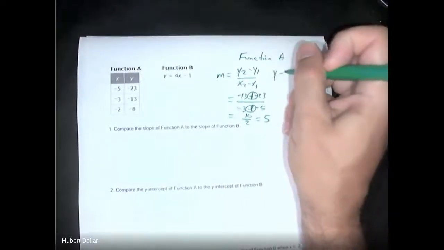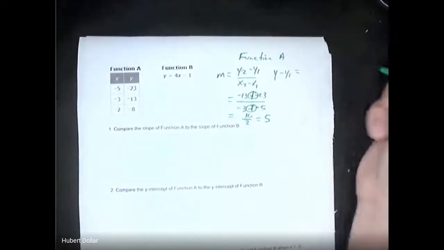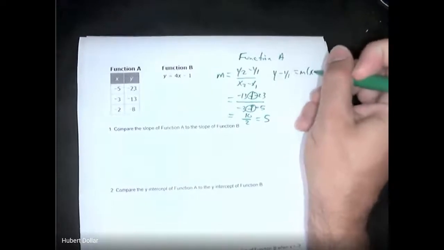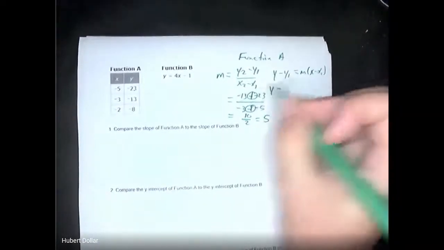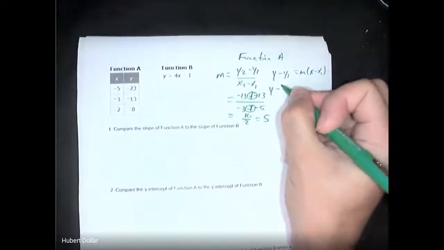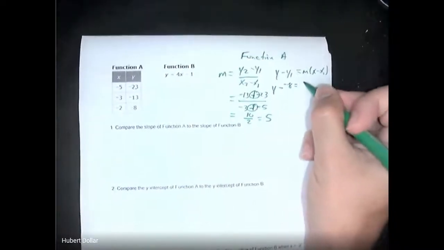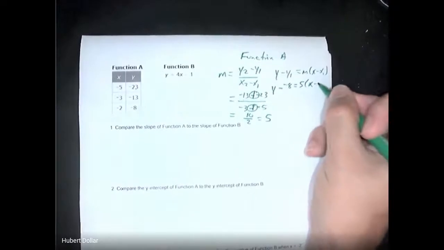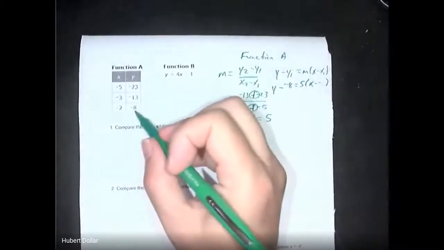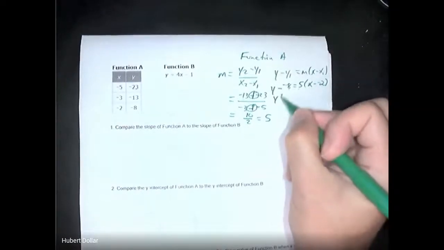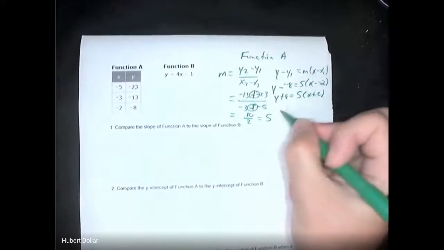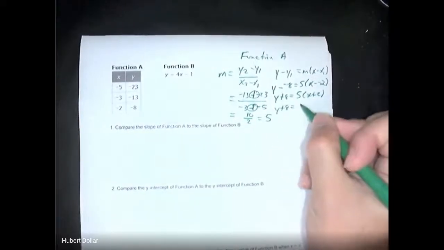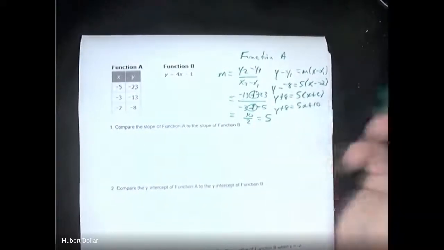Then using y minus y1 equals slope times x minus x1, I can plug in y minus, I'm going to choose -8. The slope is 5. X minus minus, and because I chose -8, the x is -2. Double negatives become positive. So y plus 8 equals 5x plus 10.